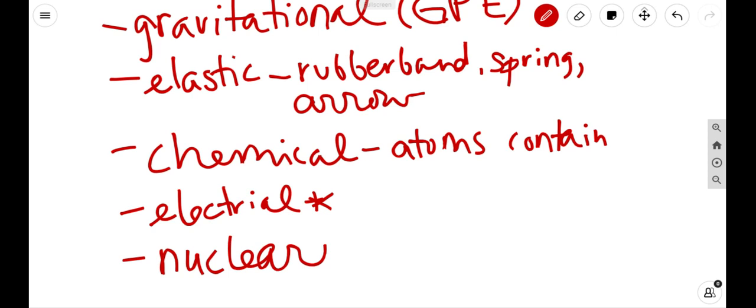The moment where the coyote falls off the cliff and he's just hanging there motionless, that is gravitational potential energy. So I'm going to challenge you to watch the cartoon. You can watch it as many times as you need to, to complete the doc and try and find an example for each type.